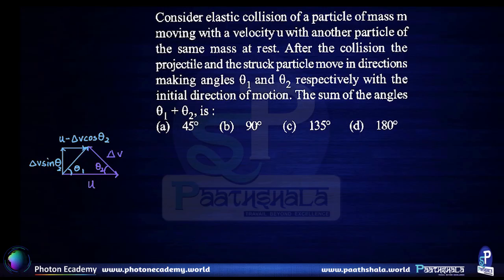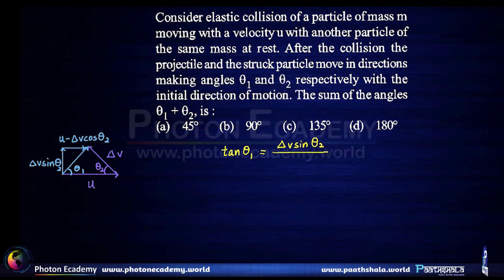Therefore we have tan θ1 is equal to delta v sin θ2 by (u minus delta v cos θ2).